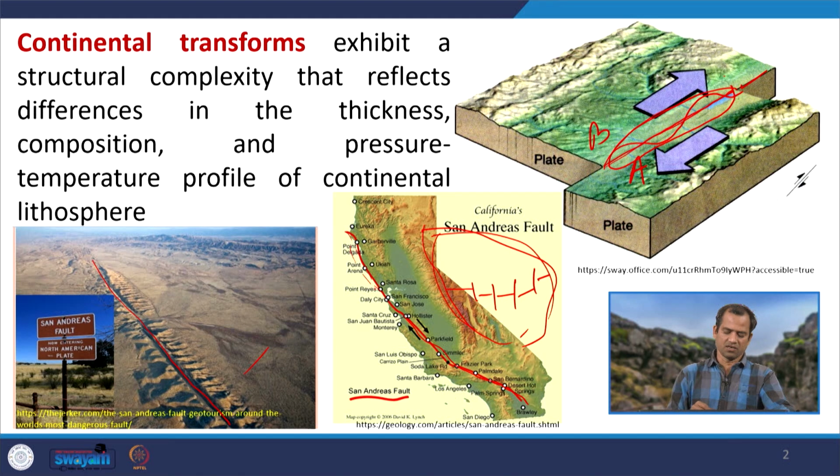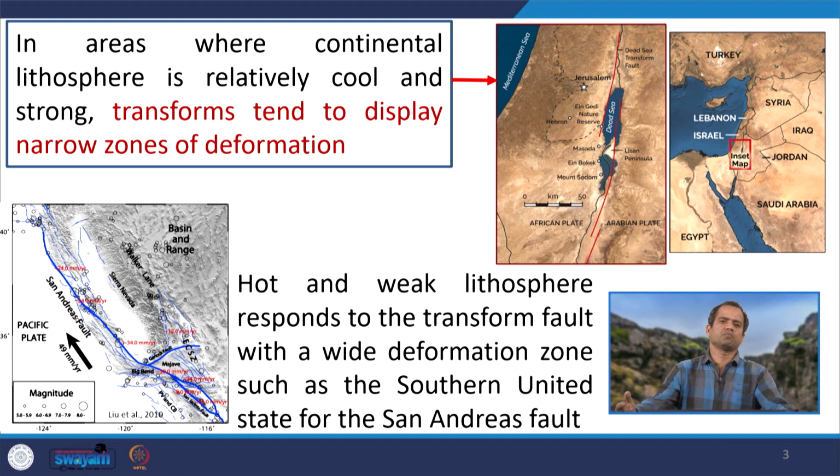Here the transform fault separates the American plate and the Pacific plate. How narrow the transform fault would be, whether it will create a basin in between, and what the basin characteristics should be, depend upon the type of continent through which the transform fault is created and passing.